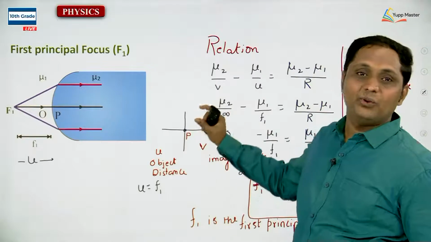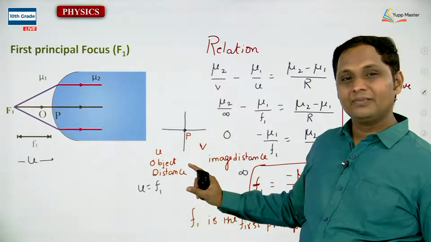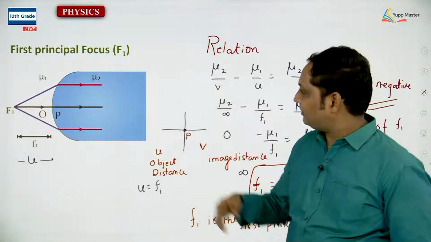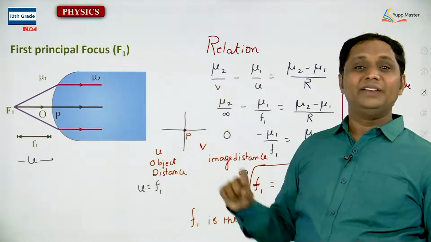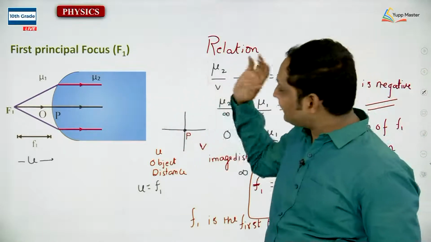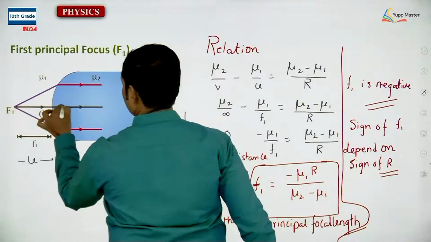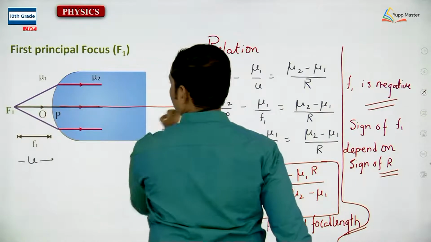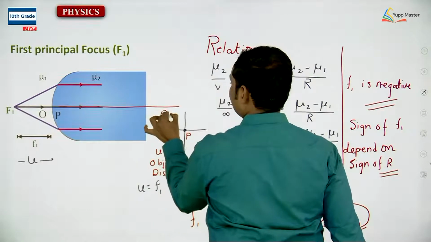So, where are they going to meet on the principal axis? Very simple, the incident light rays cut the principal axis. This is the principal axis.